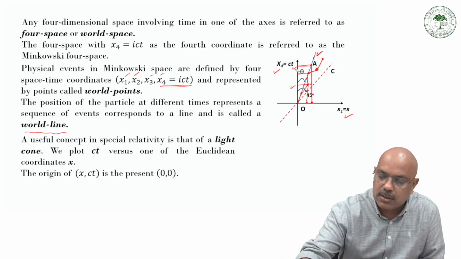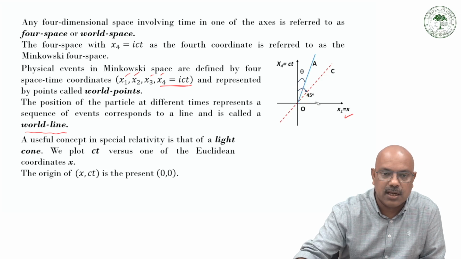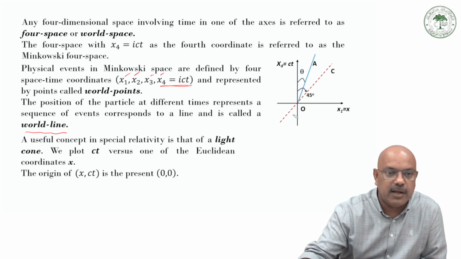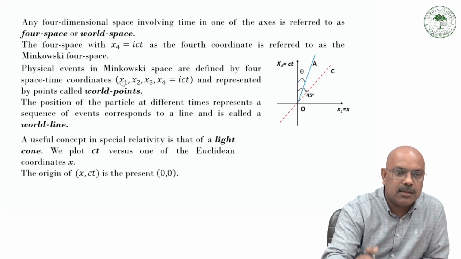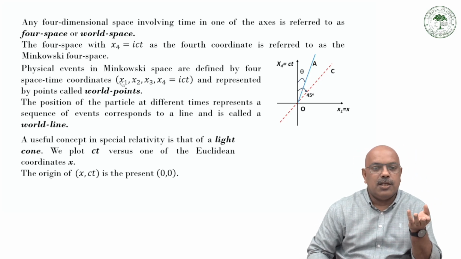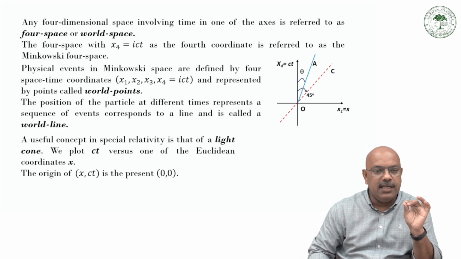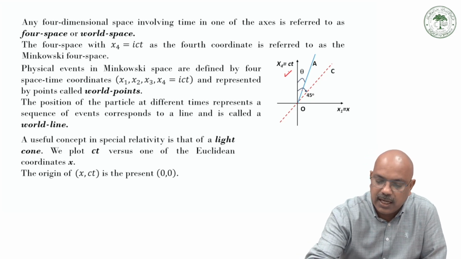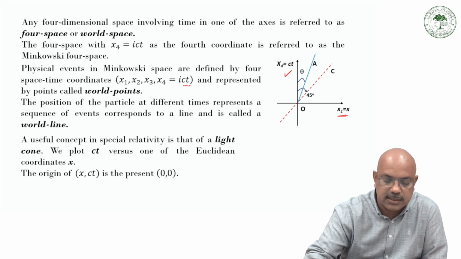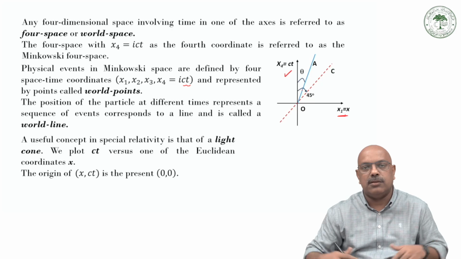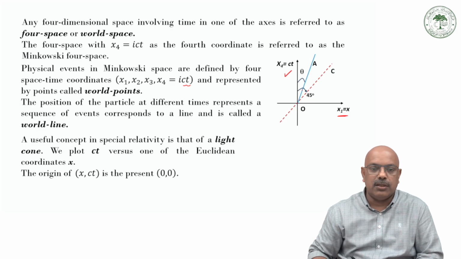A useful concept in Minkowski space is the velocity of light. In special relativity, for a light cone, we plot ct versus one of the Euclidean coordinates. So I plot ct as the fourth coordinate, and one of the coordinates x perpendicular to this.